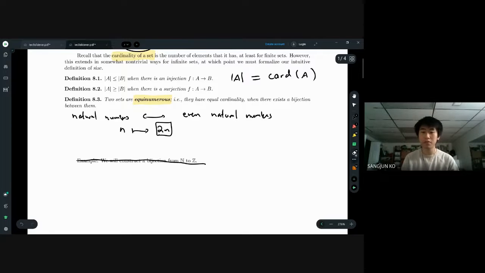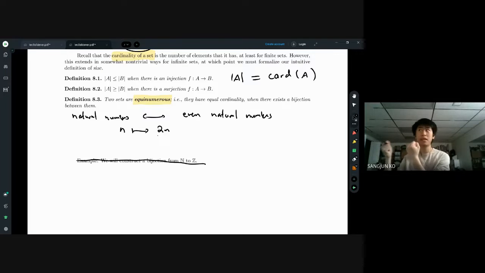And if you have two even numbers that are the same, well, they have to have come from the same pre-image. So that shows that this mapping is both injective and surjective, and hence these sets are equinumerous. Okay.